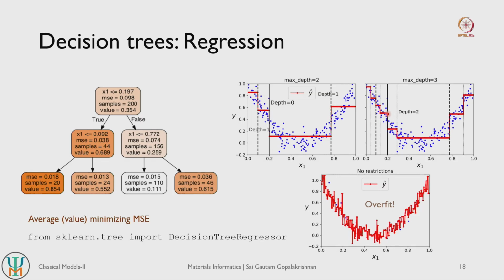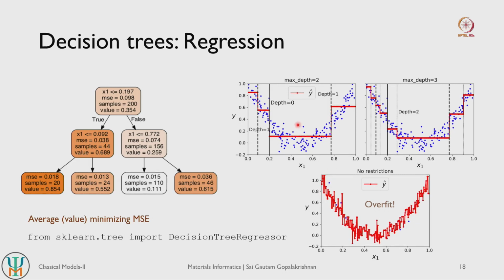If you end up creating more and more splits of your data, you see that you can start reducing your mean squared errors. If you create so many splits of your data set, all the way to one split per data point, you basically have a perfect model, or an overfit model. But that is what the decision tree will try to do.